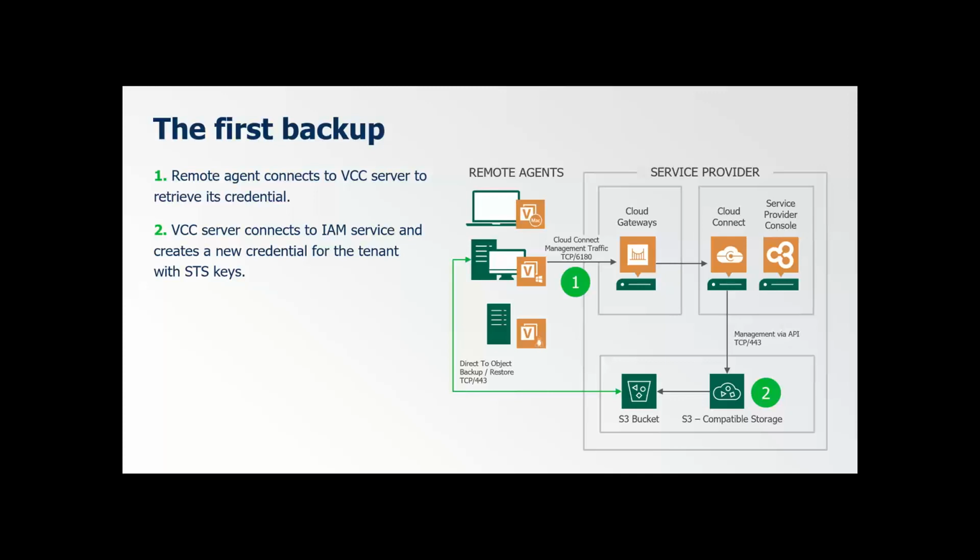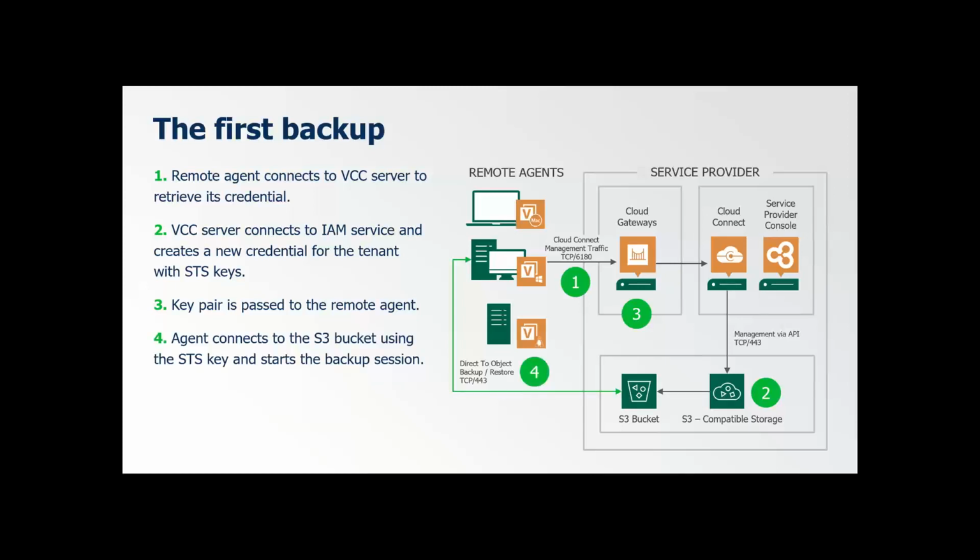But instead of using the main credential, so the access key and the secret key, Cloud Connect is going to connect to the IAM service of the object storage and create a new set of credentials with these STS keys. The key is going to be passed to the agent, and the agent will connect to the S3 bucket using the temporary key, and we will start the backup session.